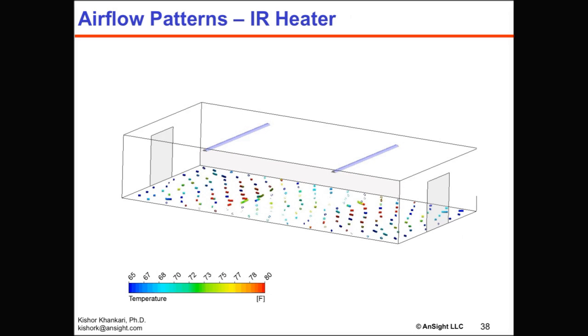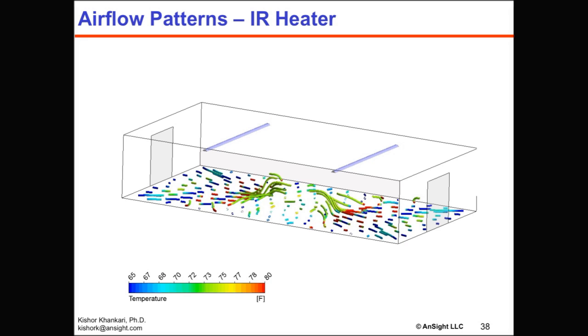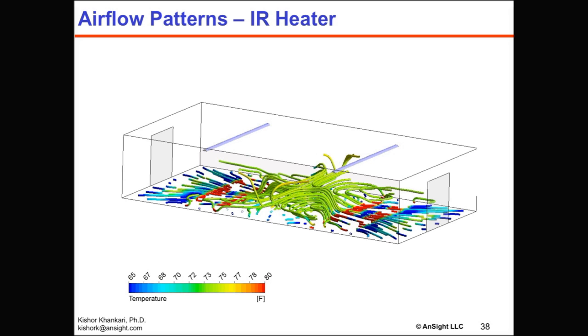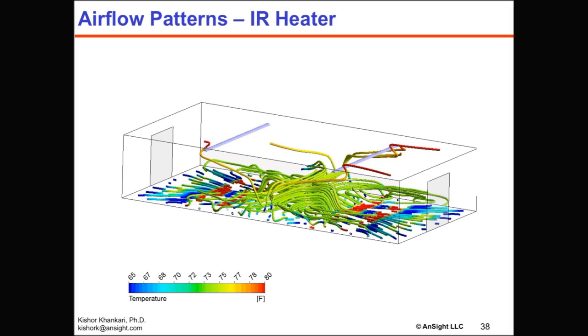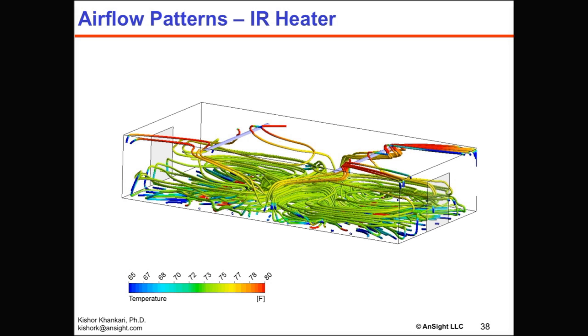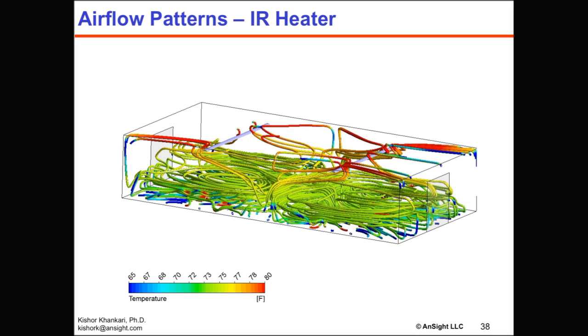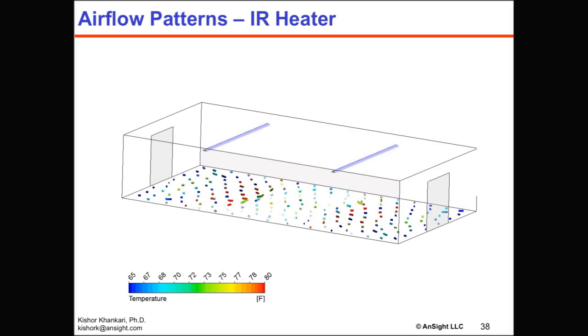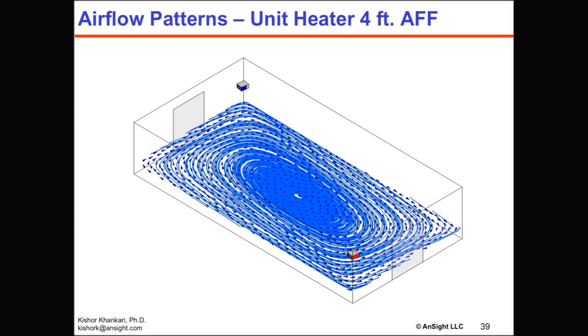See, these are the hot spots on the floor. That air is going up, pulling those blue lines with it. As it pulls the blue lines, it goes up, stays there, and moves sideways, creating that mixing effect in the room at the 4 feet level. And that helps in bringing the temperature uniform.